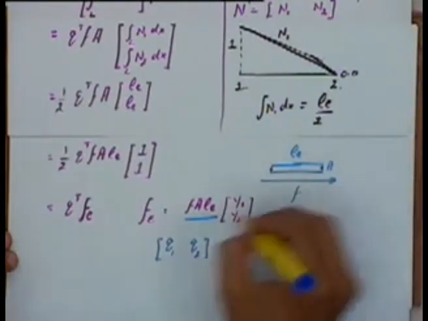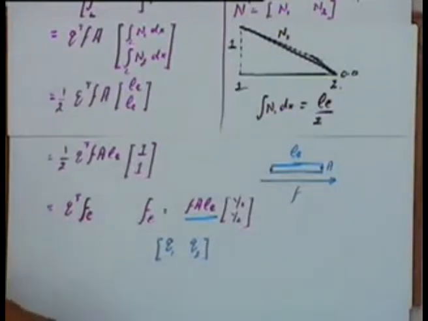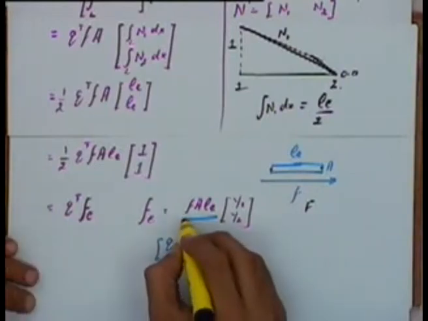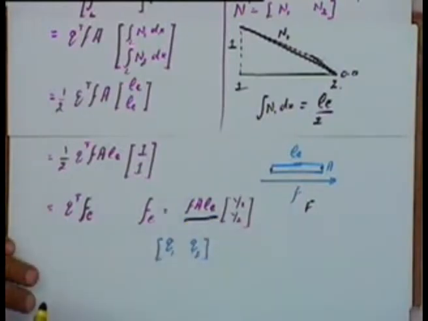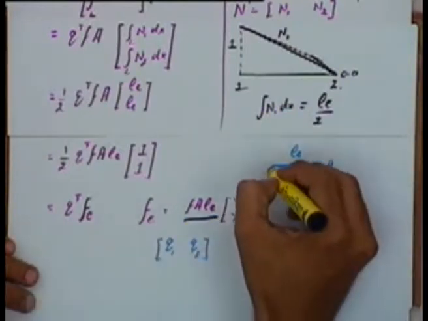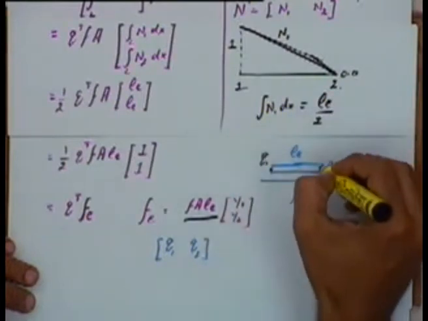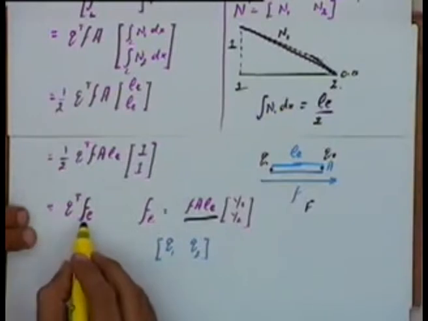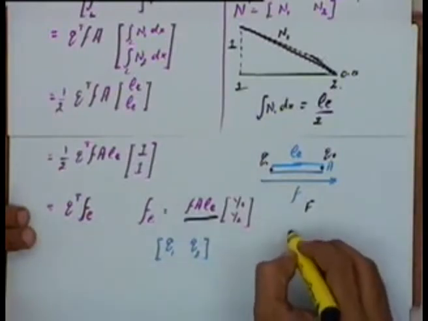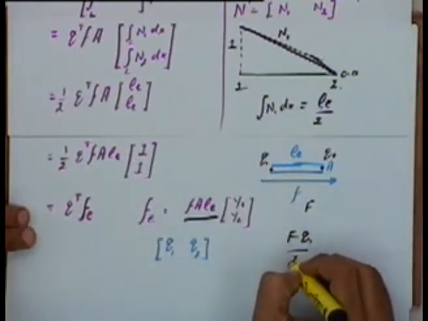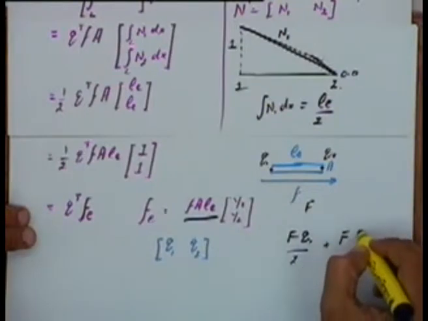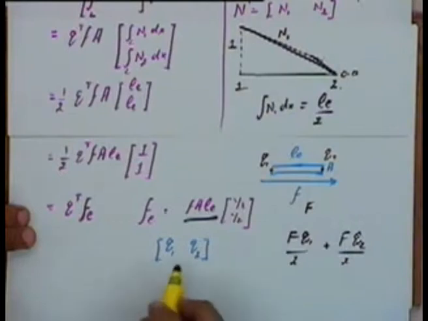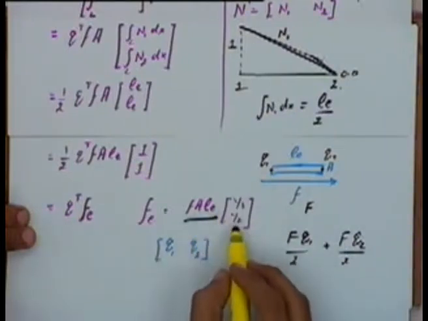The total force acting on this is, let's say, F. So the deformation here is Q1, deformation here is Q2. I am saying that this potential energy is equal to F into Q1 by 2 plus F into Q2 by 2. That is what this multiplied by this will give us.